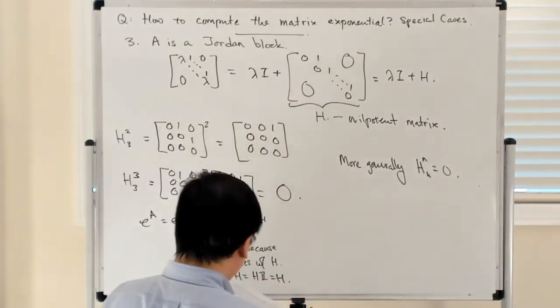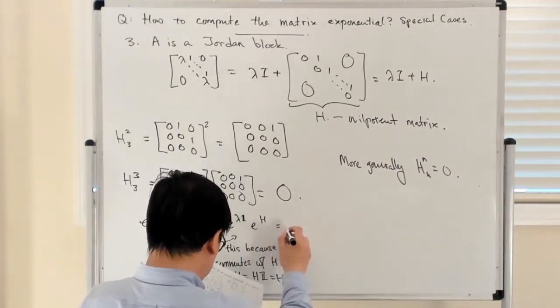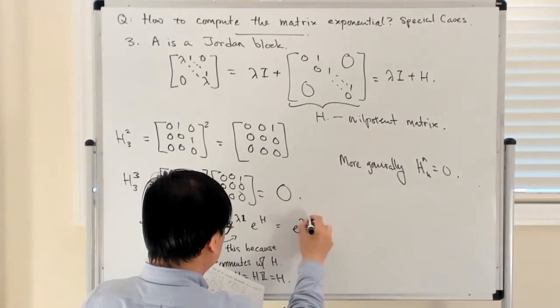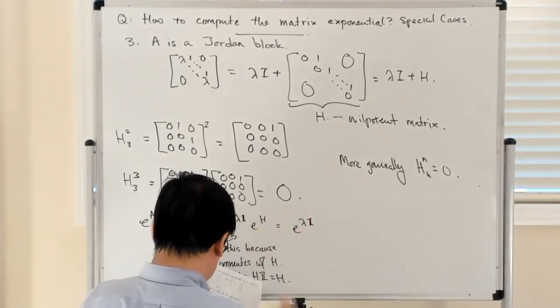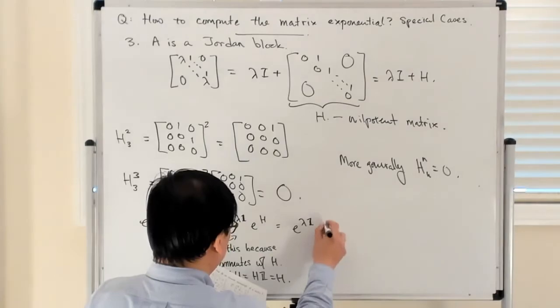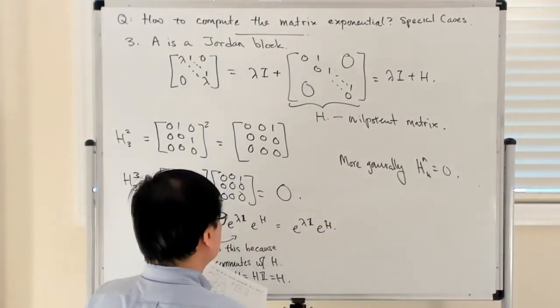So you have that. So I know how to take the exponential of e to the lambda times the identity, and then you have e to the H, which you have to compute.